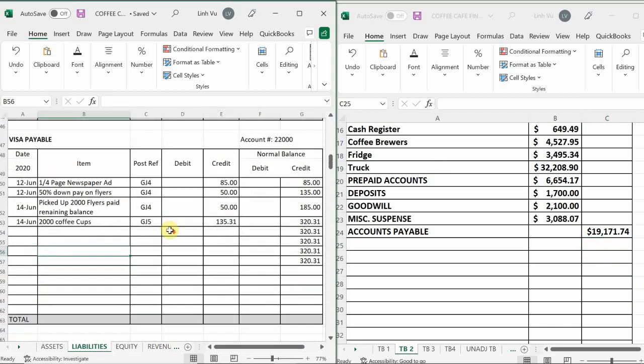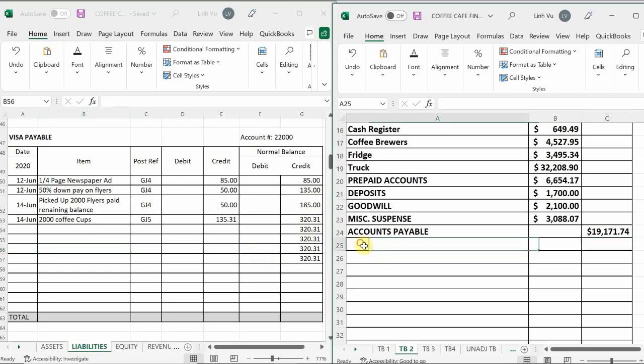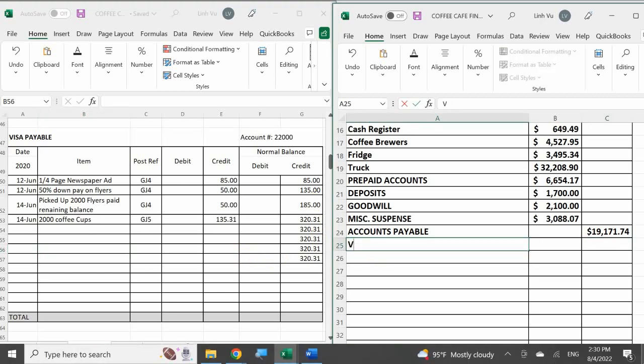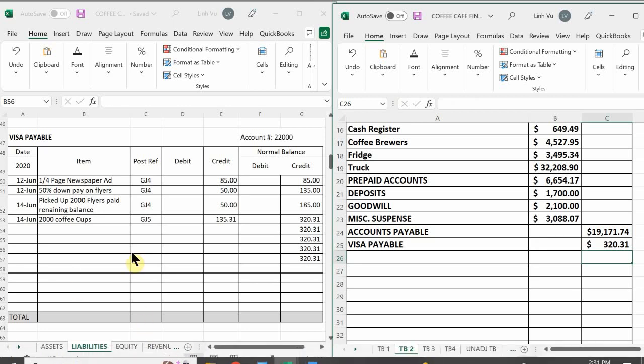What's my next liability? We have a Visa card, Visa payable. Yes, we do. For how much? What's my current balance on my credit card right now? $320.31. Okay.